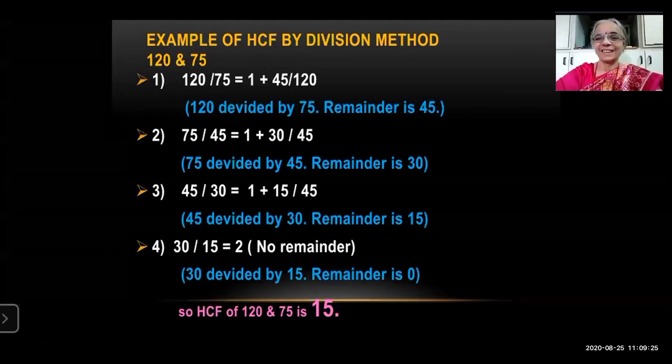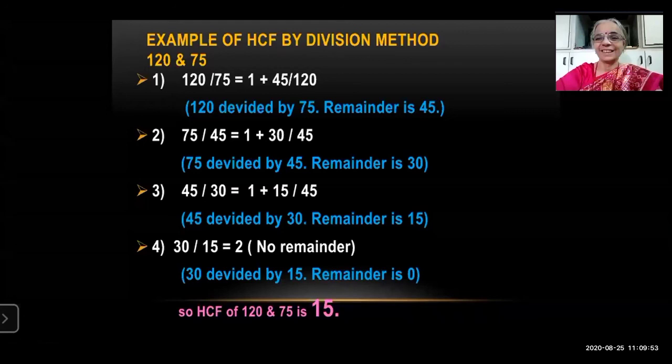So, in the exam, anything can be asked. If a special instruction is given, find out HCF by prime factor method or find out HCF by division method, in case of such special instruction, you need to do the method which is asked.